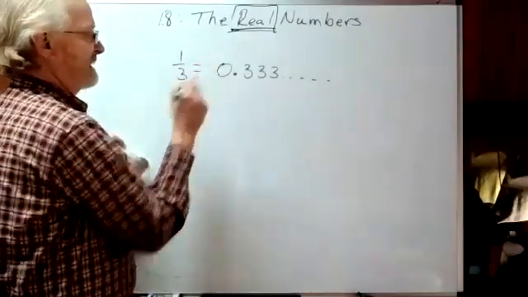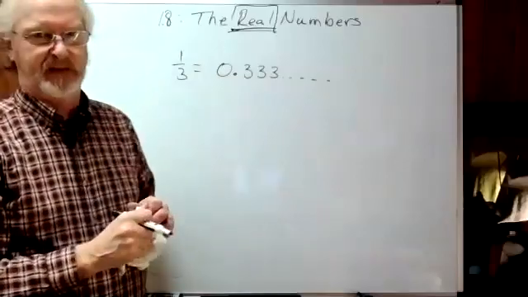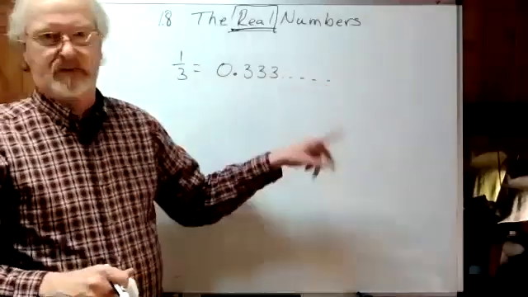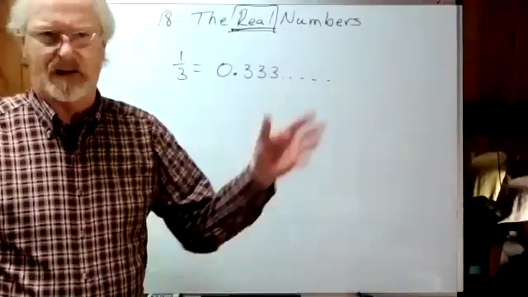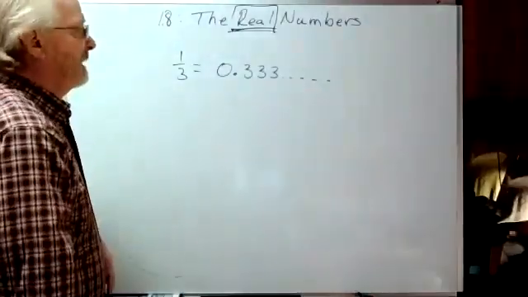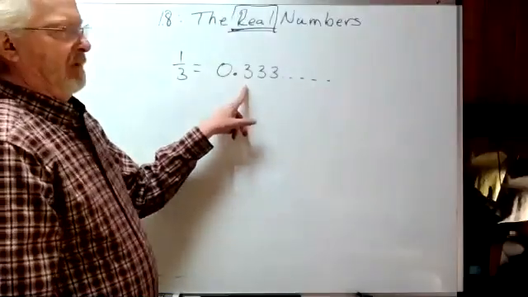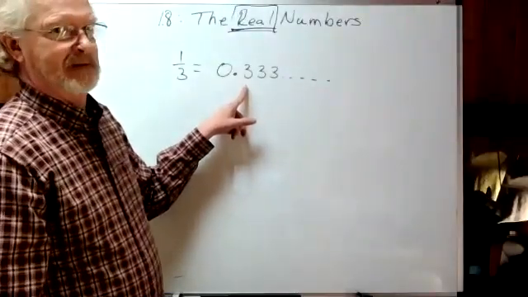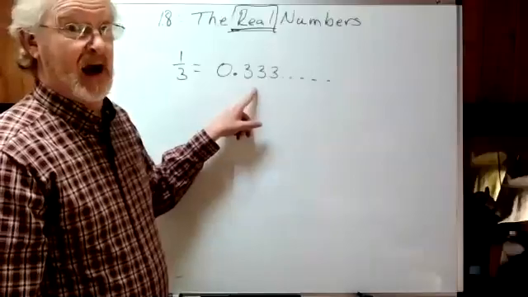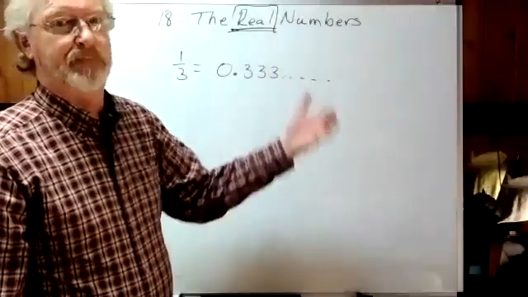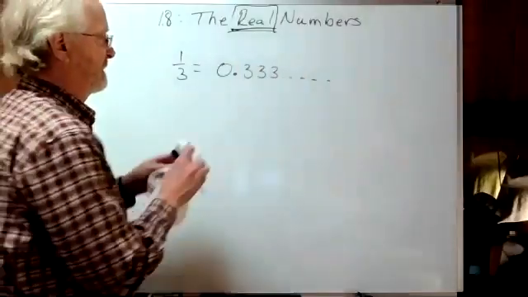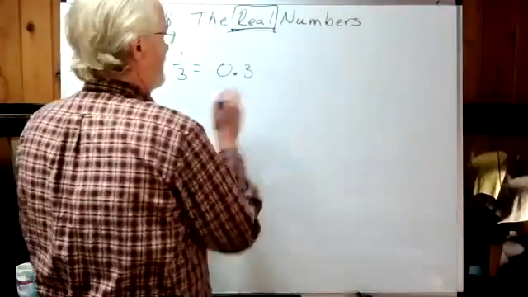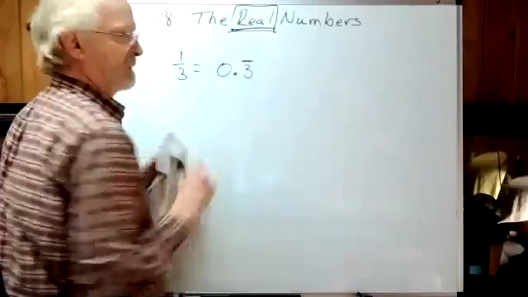In fact, if you were to take your calculator and do 1 divided by 3 right now, it would do 3s for as many places as you've got on your calculator, unless you've told it to stop after 5 or something like that. So here's 1/3, a decimal that doesn't stop, but it's got a repeating pattern. All right, so again, a special decimal form if it's a repeating decimal.